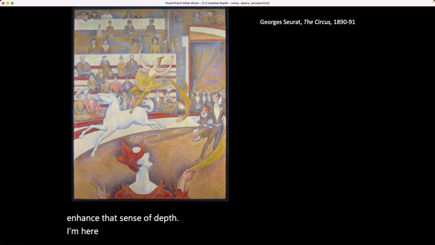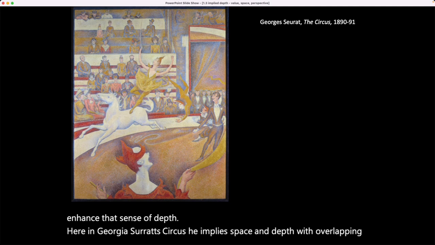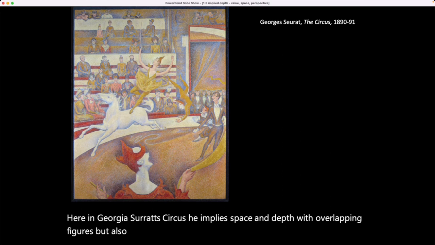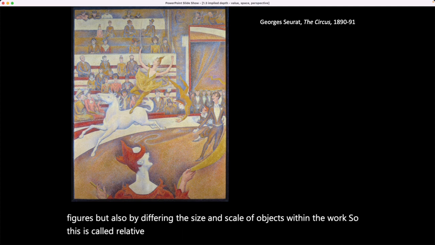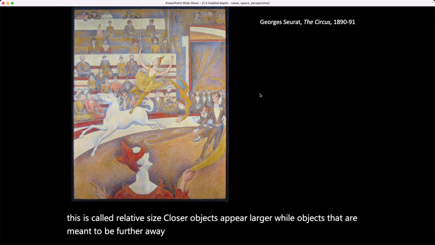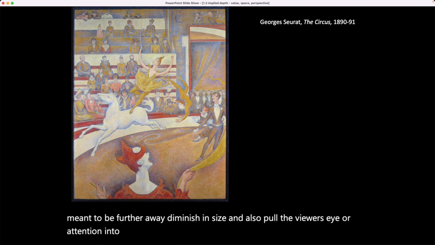Here in Georges Seurat's Circus, he implies space and depth with overlapping figures, but also by differing the size and scale of objects within the work. So this is called relative size. Closer objects appear larger, while objects that are meant to be further away diminish in size and also pull the viewer's eye or attention into the implied space.